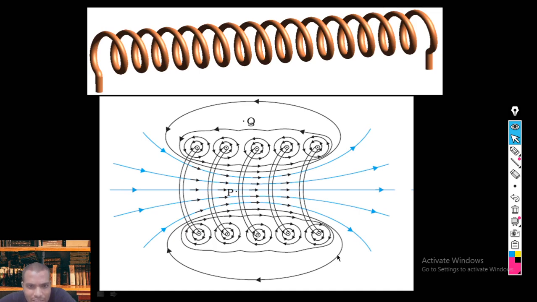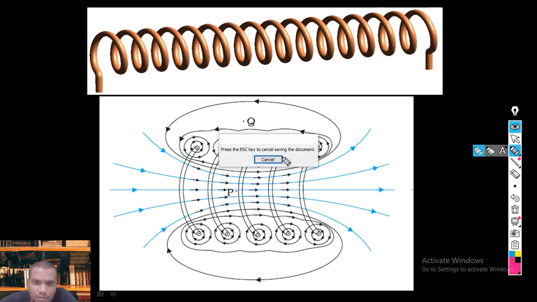This is the diagram given in your textbook. Be careful with the current direction and magnetic field direction, and how the magnetic field lines pass from one side to the other side. Here you notice certain spots between the coils.